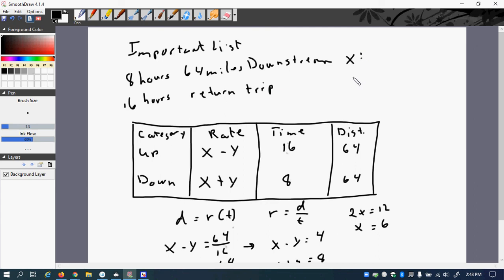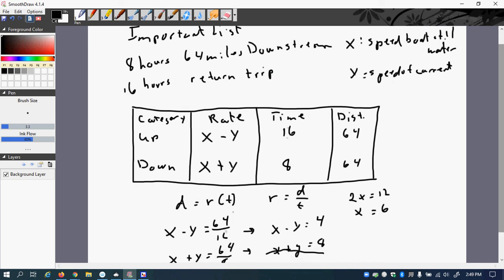So x is the speed of the boat in still water, and y would be the speed of the current. So x turns out to be 6, and that's 6 miles per hour.